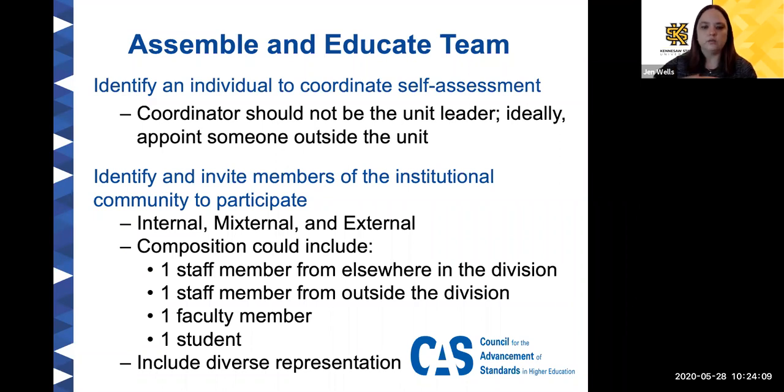Mixternal is really you're using people internal to your institution, but external to the unit. So you're pulling people, let's say your residence life, you have somebody from fraternity and sorority life, from orientation programs, counseling, a faculty member, a student, sitting on that committee and looking at your functional area and providing that perspective.